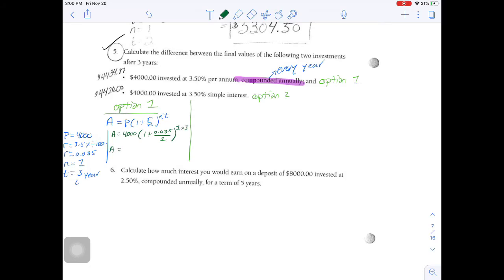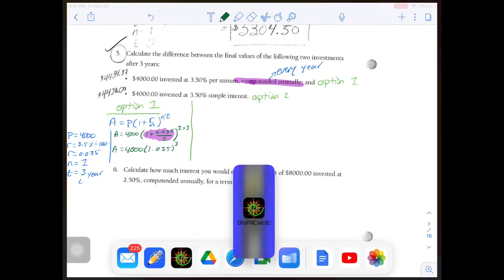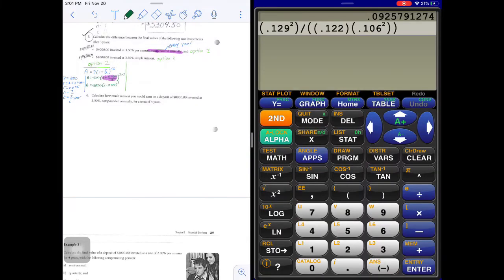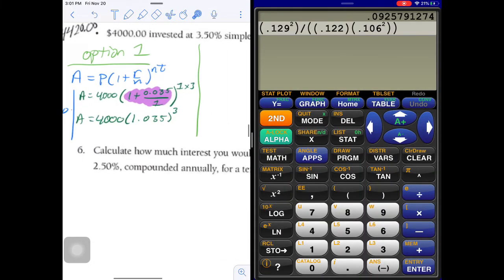Okay, and I'm going to show you how you'd want to do this. So you always want to figure out what this is first and then put the power of. So this will be 4,000 times, 0.035 divided by 1 is just obviously 0.035, so this will be 1.035 to the power of 3. The way you plug this into your calculator can be a little tricky.